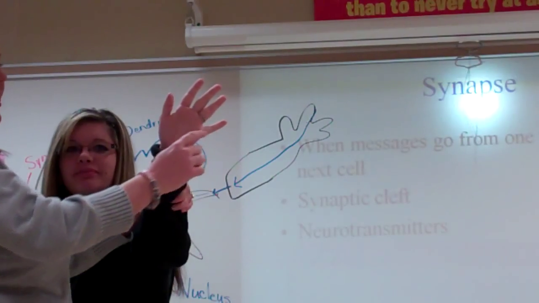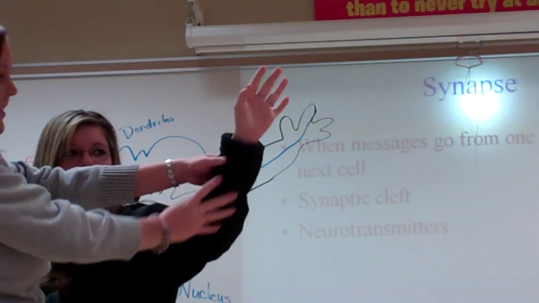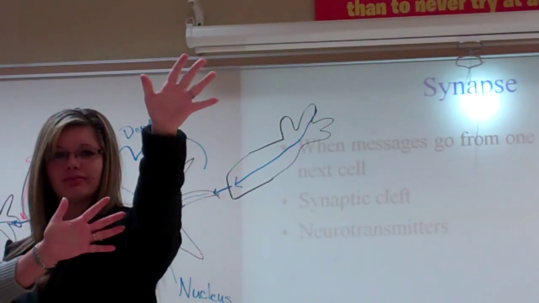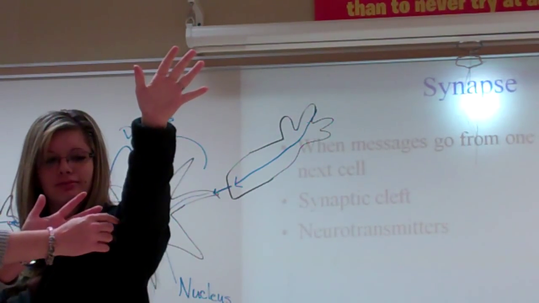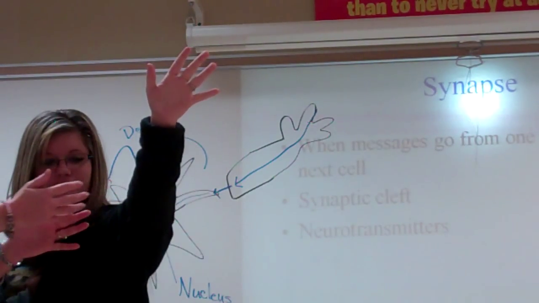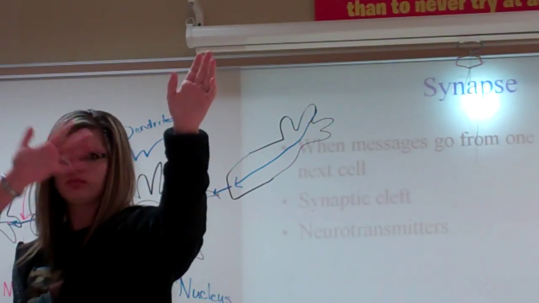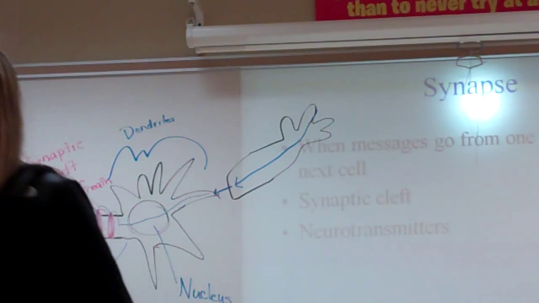Alright, so dendrites. The nucleus is in here, and this is the axon. It goes to another one. Here is the synaptic cleft. It jumps it, goes into my dendrites, axon, just like that. Thank you very much. Okay?